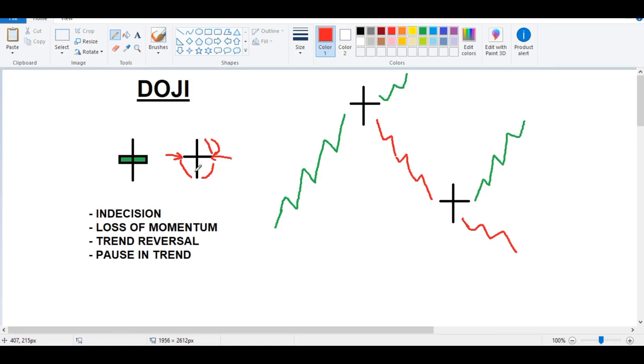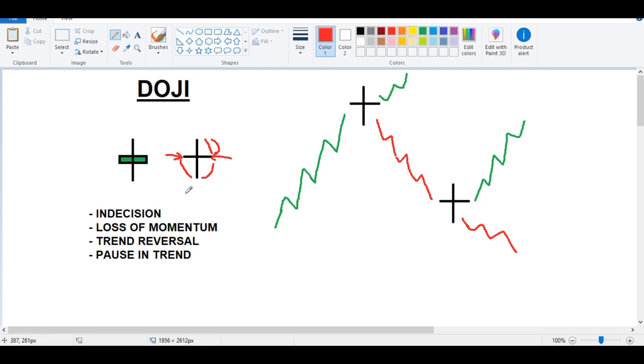It's not going anywhere. There's simply a fight going on between the bulls and the bears. That is exactly what is happening here. There's a fight going on between the bulls and the bears, and clearly nobody is winning the battle. Nobody's winning the war. So that brings us to the definition of a doji, which basically means indecision.